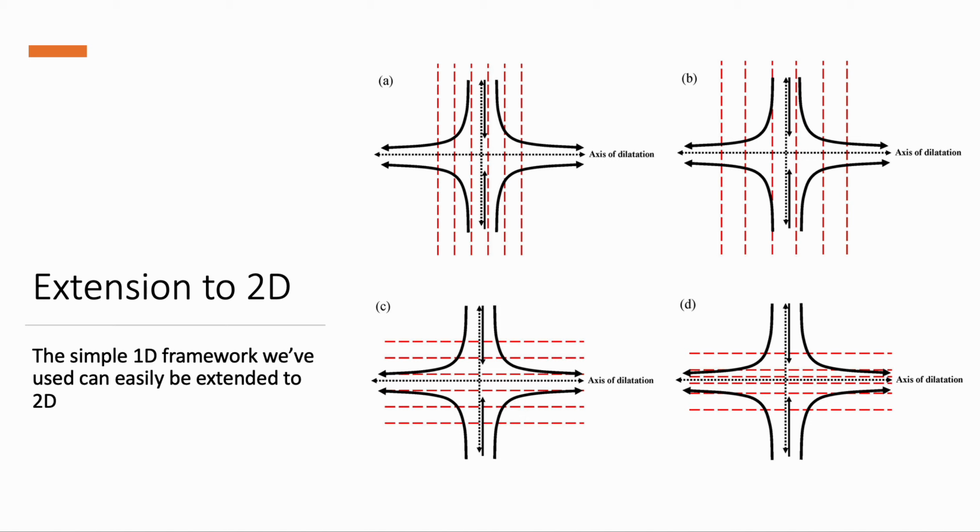The creation or the destruction of the front is a function of, first of all, the tilt of the isentropes, but also how the axis of dilation, which now becomes an important component of the 2D flow, is oriented with respect to the isentropes.